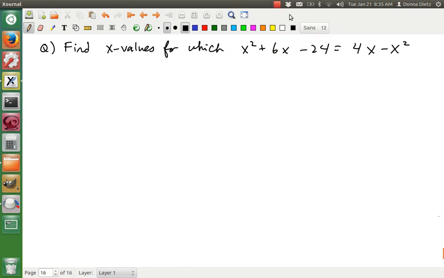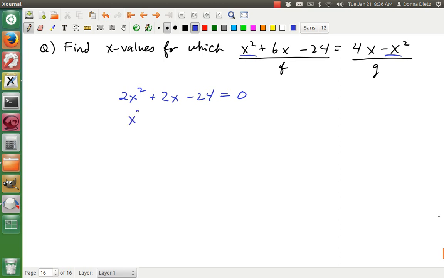Okay, next question. Find x values for which f equals g. Go ahead and do that. We get 2x squared, because I'm going to add x squared to both sides, and I'm going to subtract 4x from both sides. Now, I can use the quadratic formula just like that, but that's not really wise.